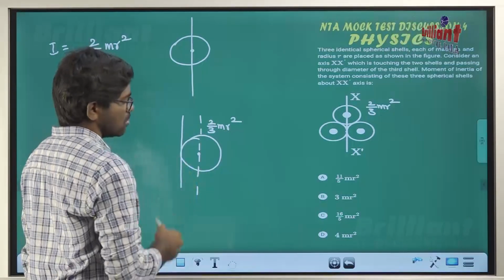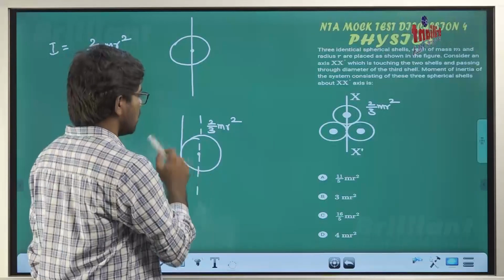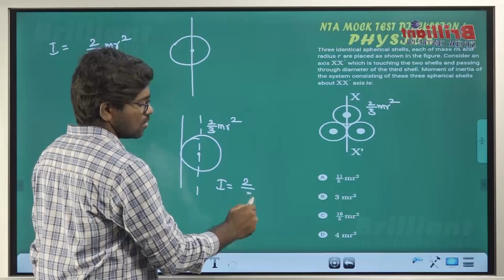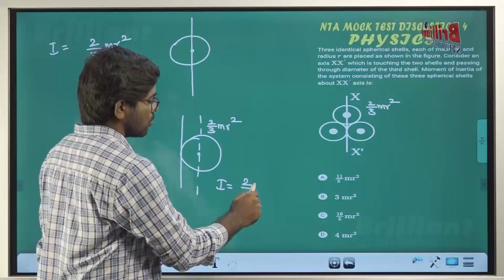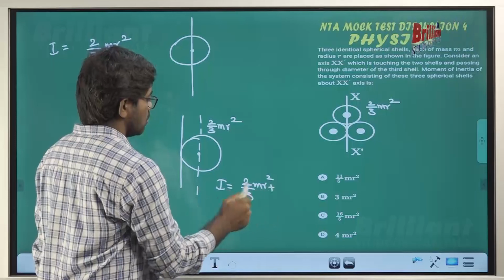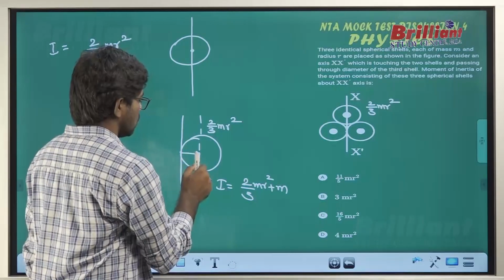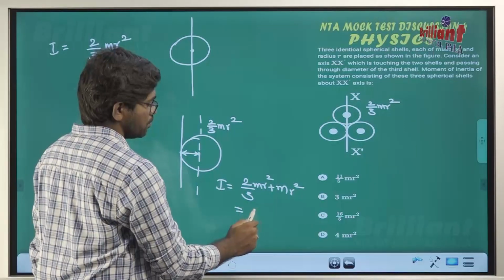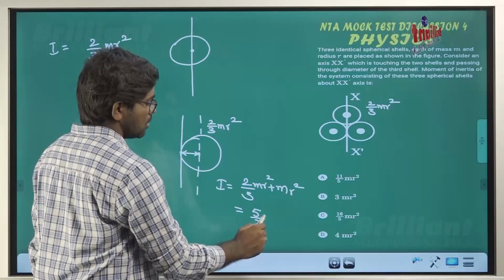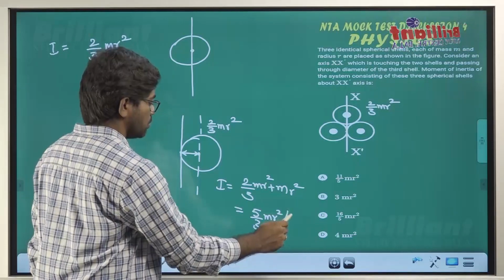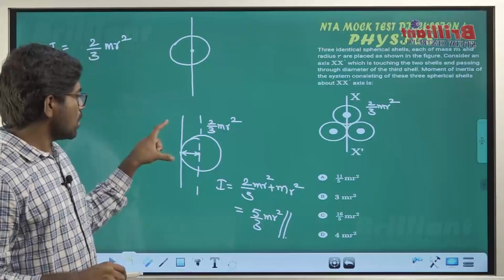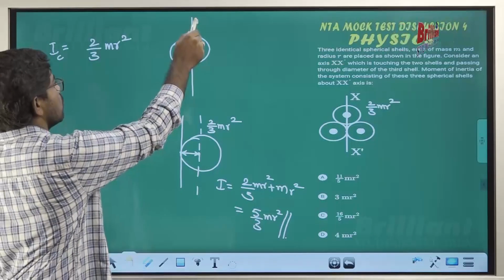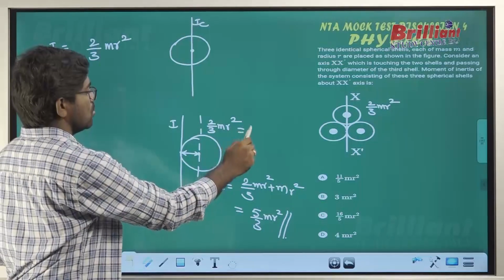So about this axis, if you apply parallel axis theorem, then the moment of inertia will become moment of inertia about center of mass, that's 2 by 3 mr square plus m into this distance. How much is it? R square. So that will become 5 by 3 mr square. This is the moment of inertia about this axis. This is the moment of inertia about center of mass axis. This is IC.